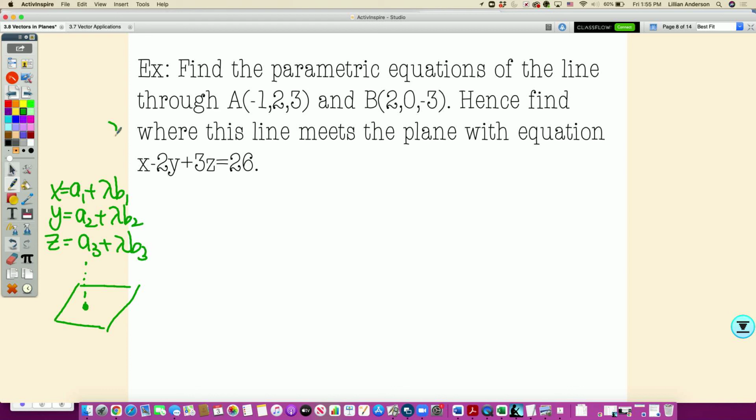Remember, this was known as the direction vector. So B minus A. So this is incorporating concepts from our last lesson when we did lines. To find our direction vector, we would do B minus A because we actually need that vector. So when I do B minus A, what do I get?